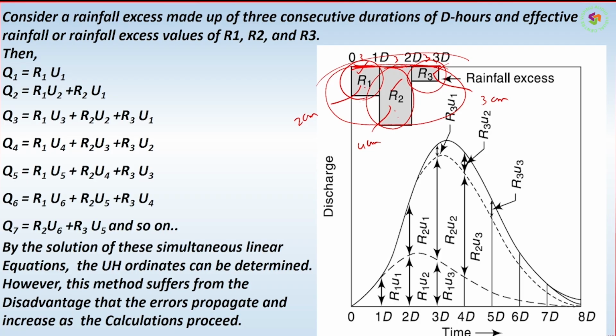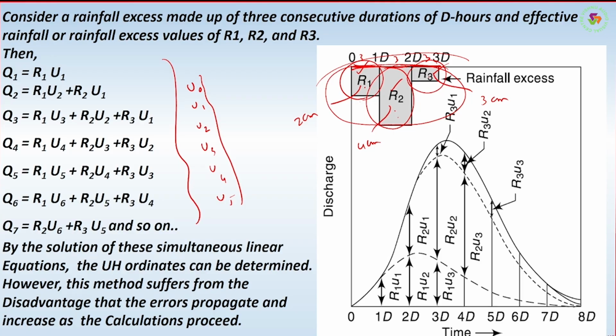For example, if I take U0, U1, U2, U3, U4, U5 as the ordinates of the unit hydrograph, which is what I have to derive at the end, what is the direct runoff hydrograph for the first one? Suppose only the first storm exists.